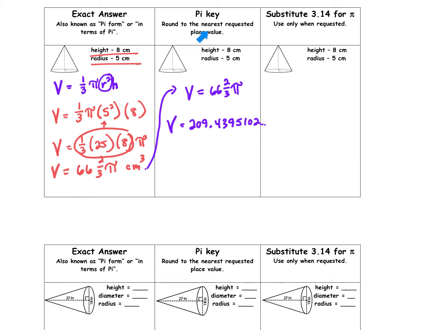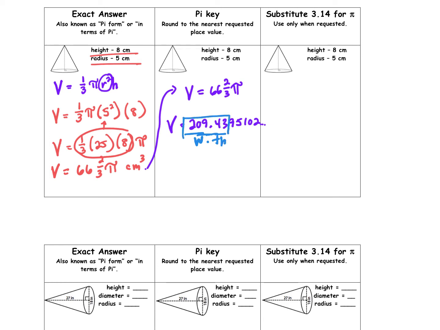But it says to round to the nearest requested place value. And so right now I'm going to request that you round it to its nearest hundredth. And that would look like this. We're going to use "what dot the heck." We would use whole number, what, dot for the decimal, T for the tenth, and H for the hundredth. So we're rounding the number.